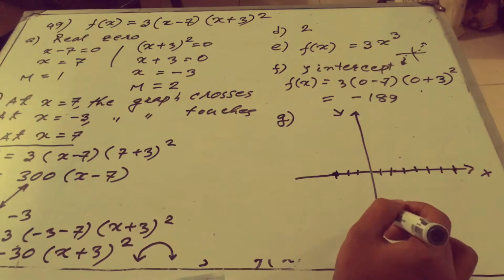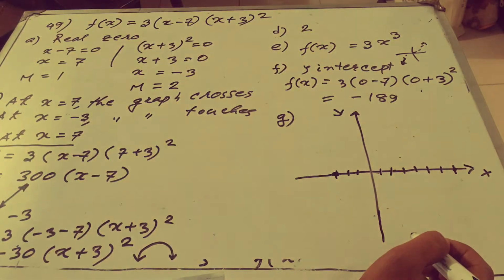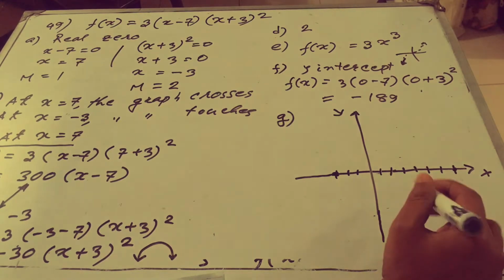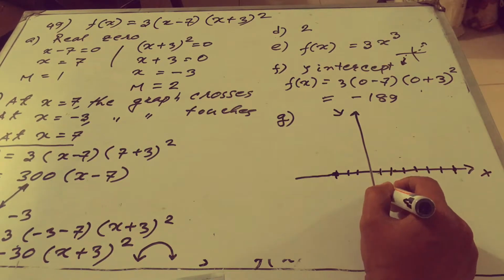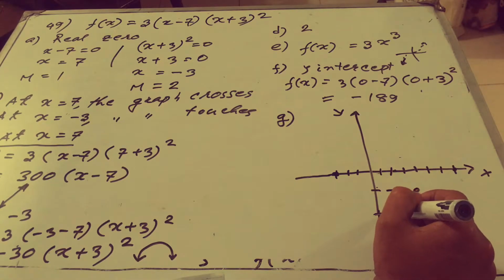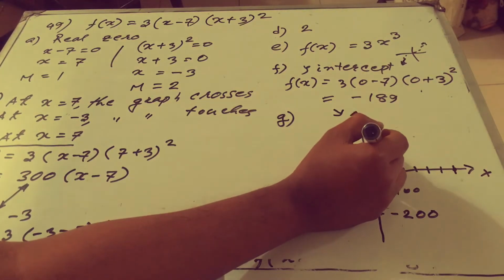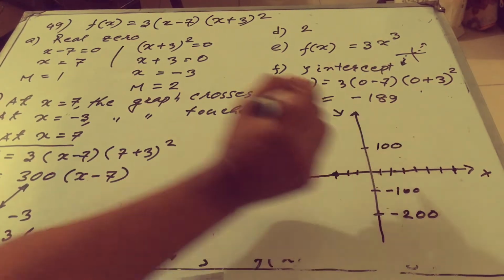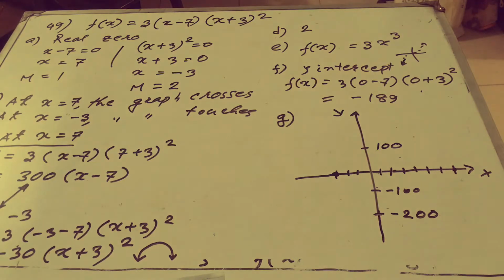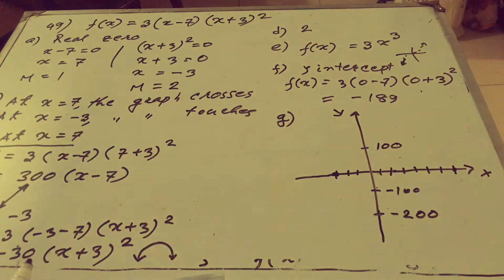Now we have a problem here, and that problem is our y-intercept is minus 189, which is a very big number for this graph. So we will change the scaling. Let's say this is minus 100 and this is minus 200, and in the same way this will be plus 100 on the y-axis if we follow that.